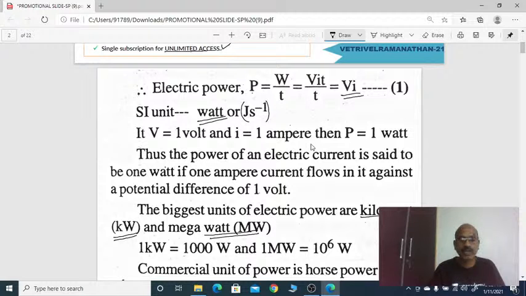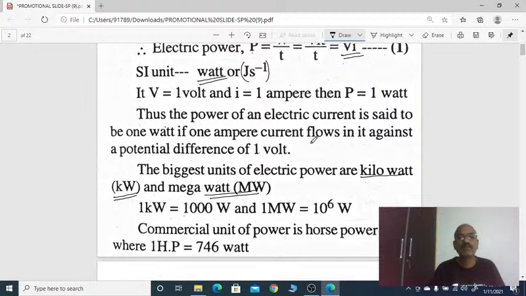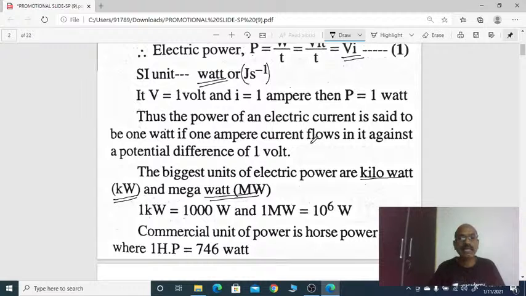These are the bigger units of electric power. 1 kilowatt is 1000 watt and 1 megawatt is 10 power 6 watt. The commercial unit of power is horsepower.